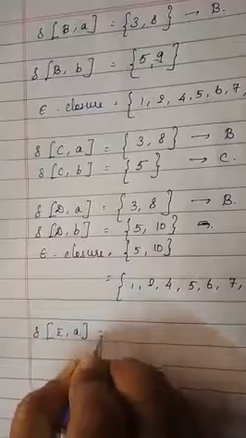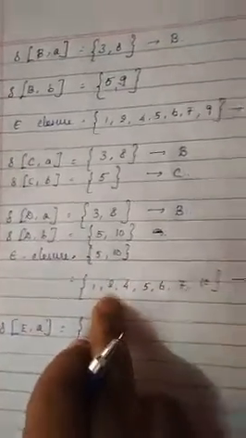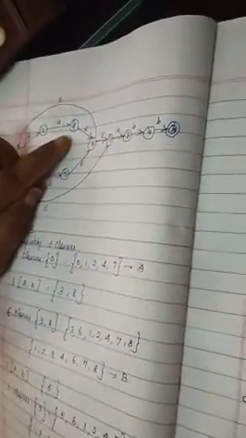Since we have got the new state E, again we have to calculate for E comma A. For E comma A, as we know, we have 3, 4, 5, 6, 7, again 8, and that's all.